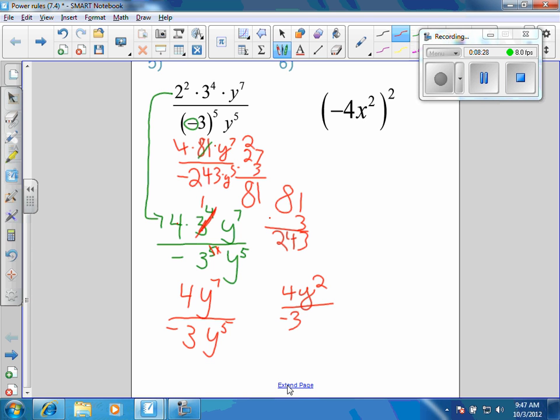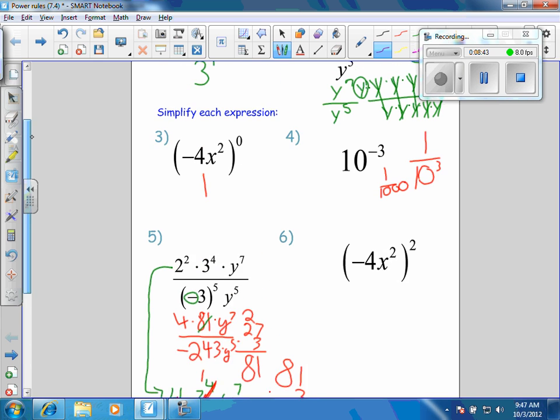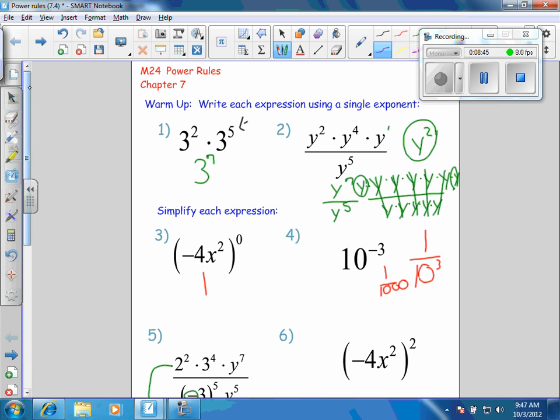Okay, that was a really hard warm-up, so it's worth looking at one more time. Thanks for being so brave to come up and do that one. Let's try looking at it again. When you look at what Skylar did, she had a simpler warm-up. But remember, she had y to the 7th over y to the 5th here.